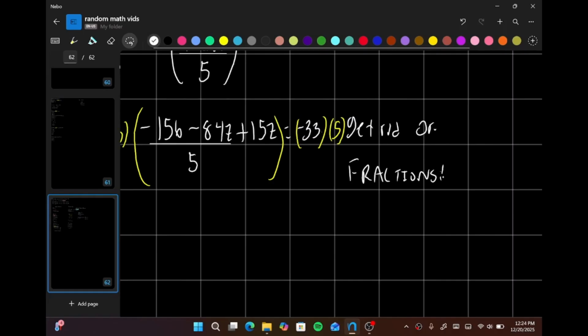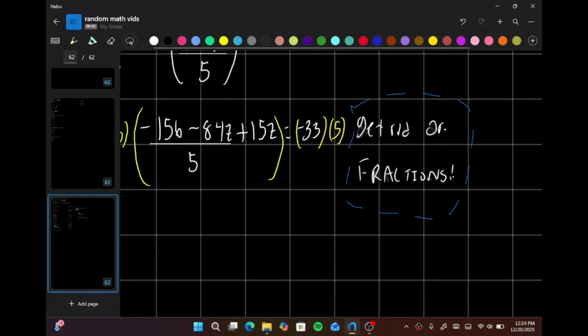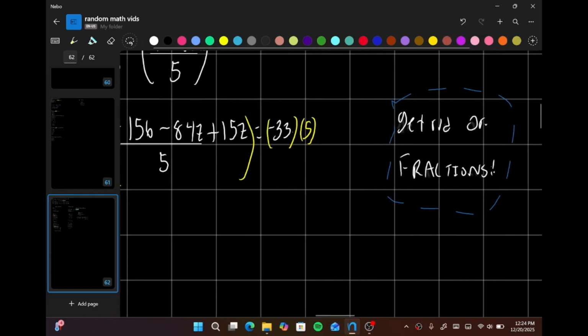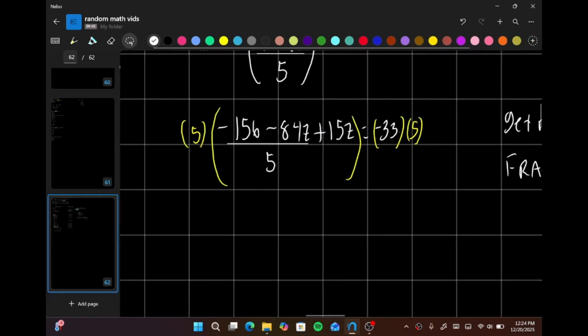And let me move this right quick. So here we're going to have the following. So it's going to be negative 156 minus 84z. Because in reality, the 5 and 5 are going to cancel out.